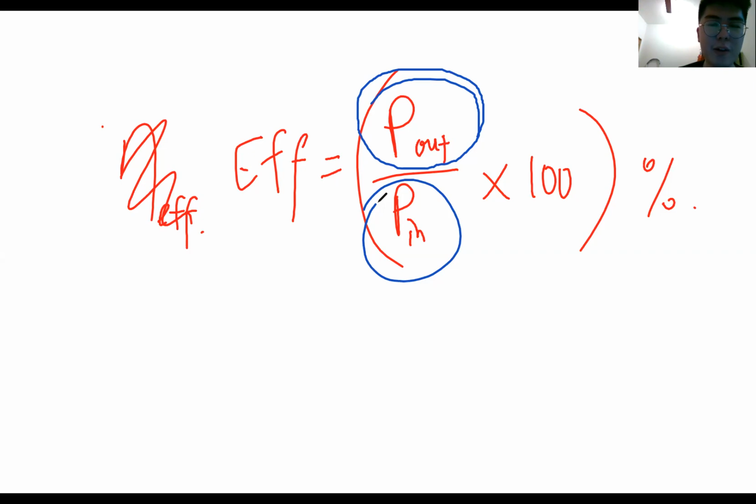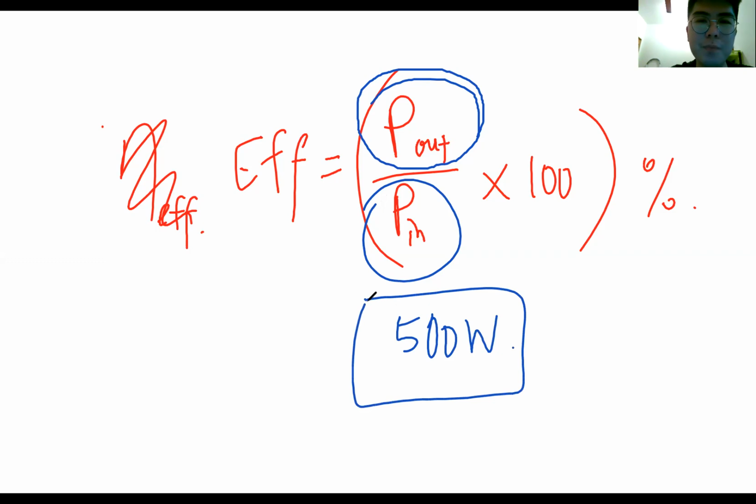For example, you have a device, and there's a sticker saying that this device is able to perform 500 watt. This is what it is meant to perform. You should expect it can perform 500 watt because the instruction says so.